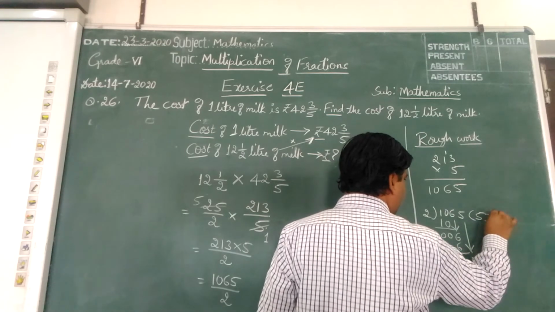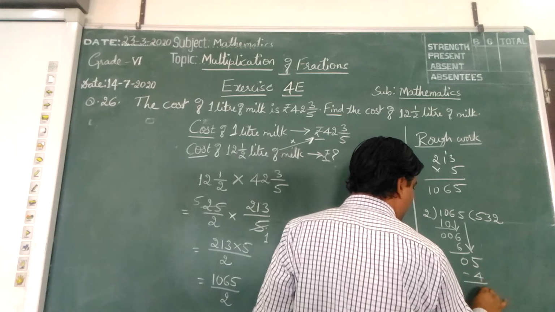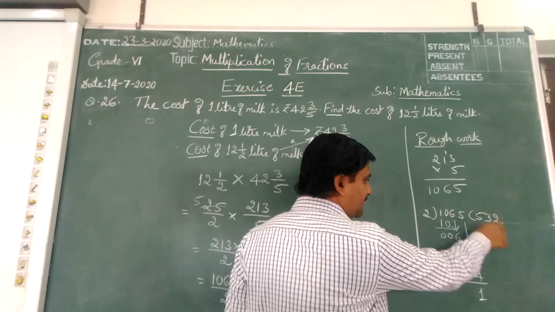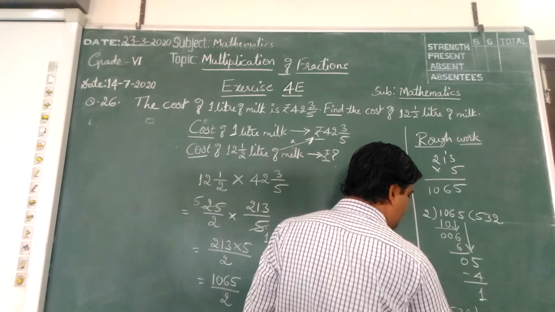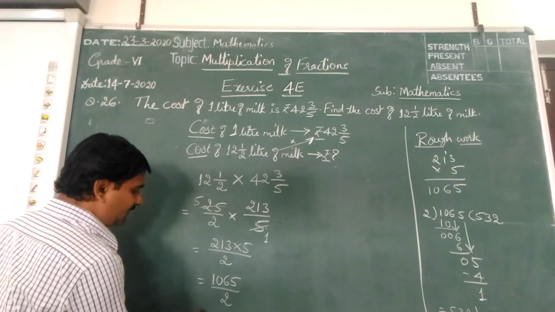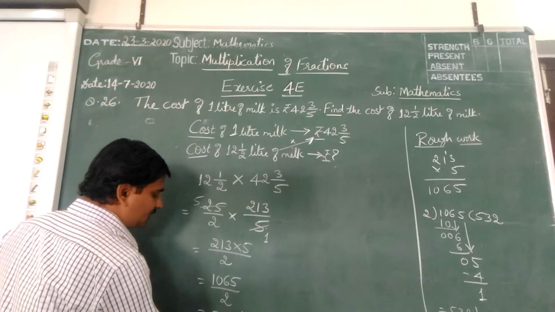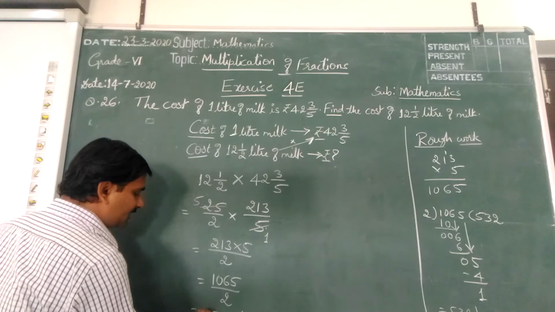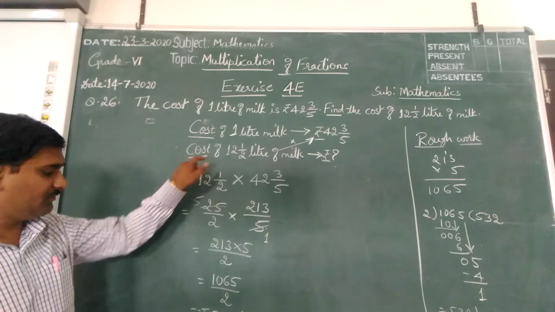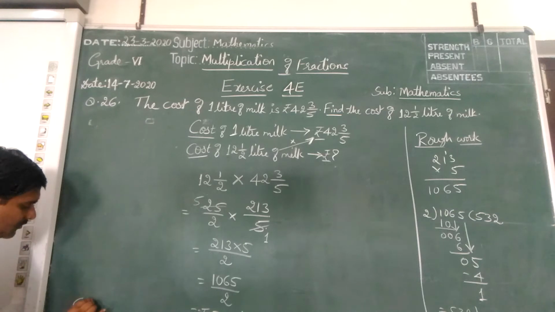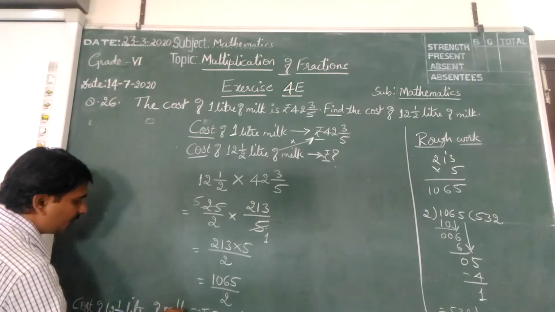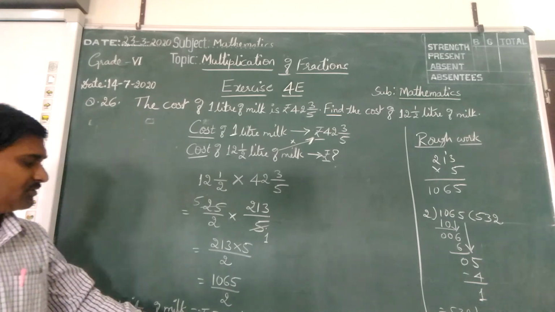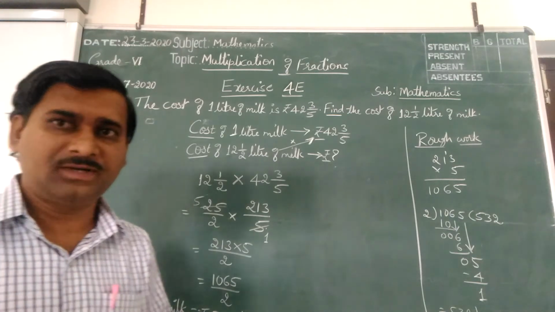Take 5. 2 2s are 4. 5 minus 4 is 1. So this can be written as the mixed fraction 532 1/2. What is this 532 1/2? This is the rupees. What rupees? This is the cost of 12.5 liter of milk. So the cost of 12.5 liter milk is rupees 532 1/2.